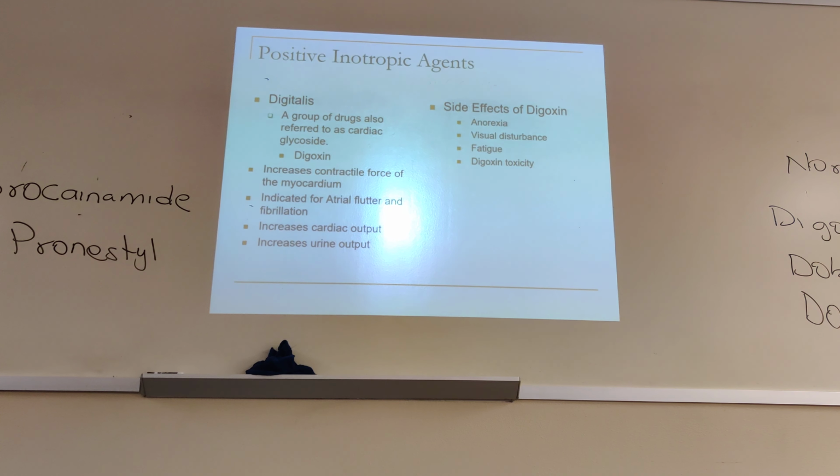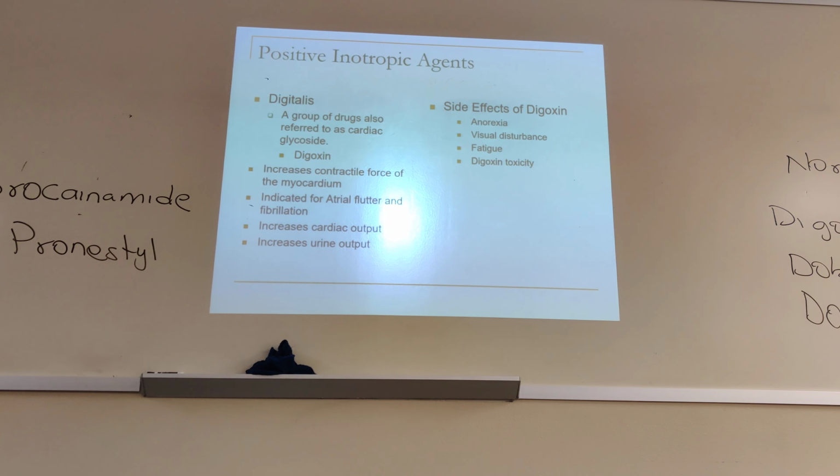Instead of saying digoxin, they will call it by the class, digitalis. Another name for that group is cardiac glycoside. They may say that as well. In fact, they say that more than anything else. It's a cardiac glycoside or digitalis before they will even call it digoxin, because everybody knows what it is.